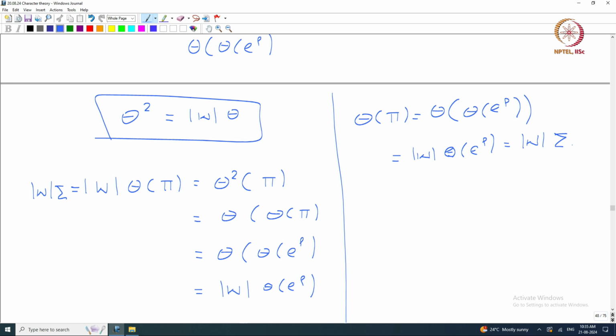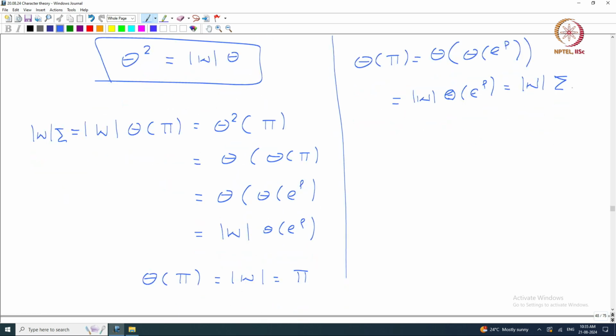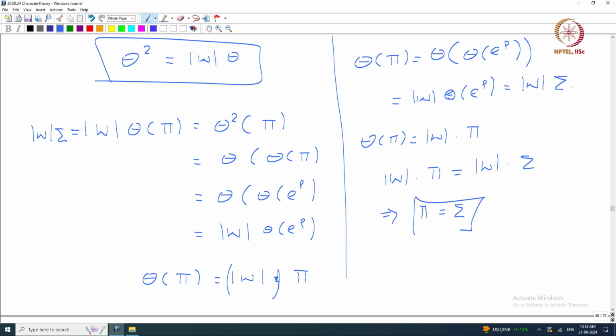Okay, this is something straight away you can prove, not a problem. So, now on the other hand, we have the theta of pi is nothing but the cardinality of W times pi. So, now you put them together, you can see that the cardinality of W times pi is equal to the cardinality of W times sigma. So, that will force that pi equal to sigma.